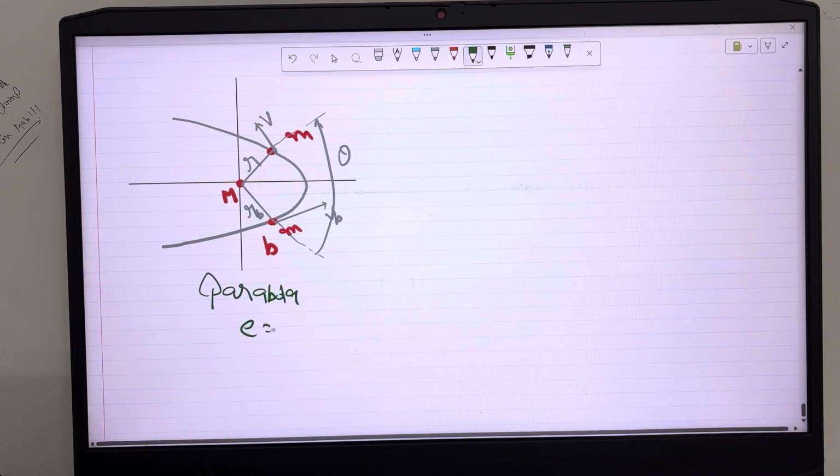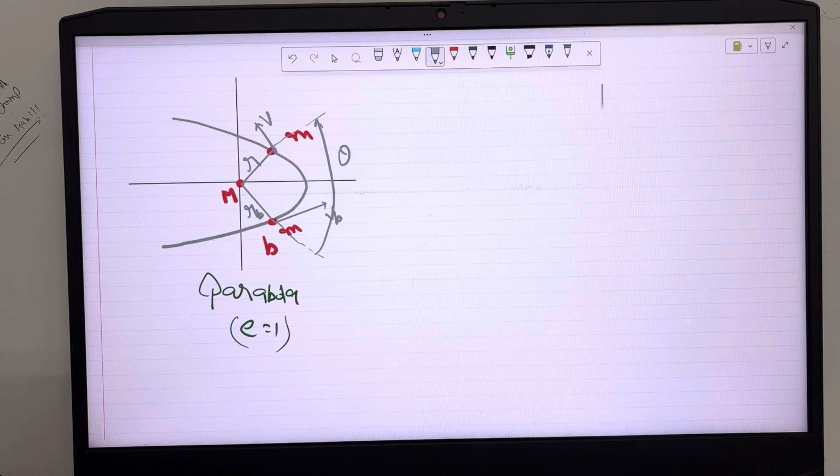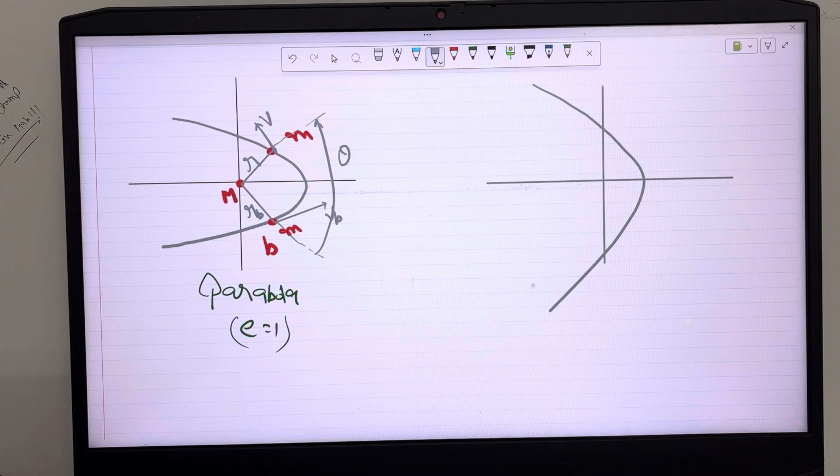Same story for this parabola, when E is equal to 1. This E is nothing but your eccentricity. Similarly for the hyperbola, okay fine, hyperbola like this, it is more opened. So again, this is your capital M, this is your small m at burnout point. Then again, this distance is called the burnout distance, right?